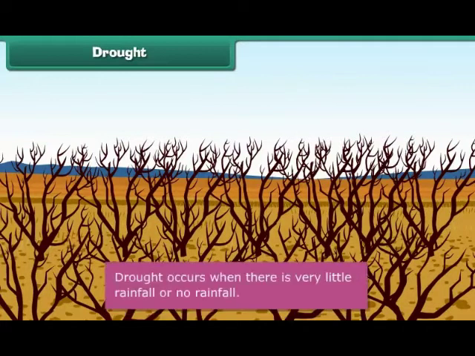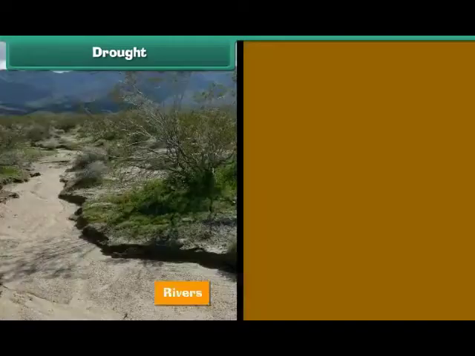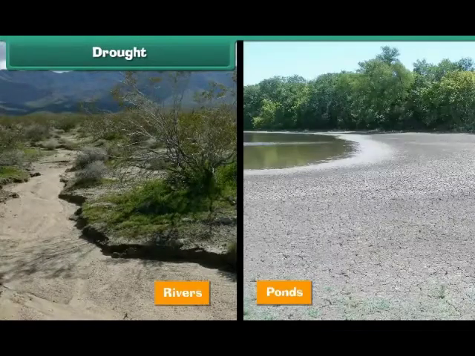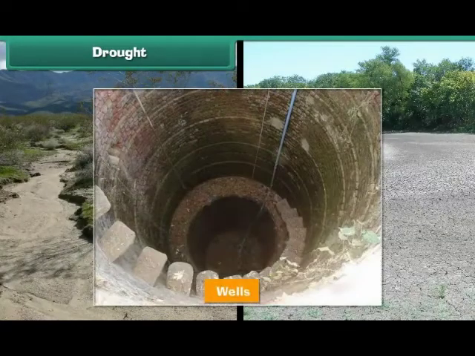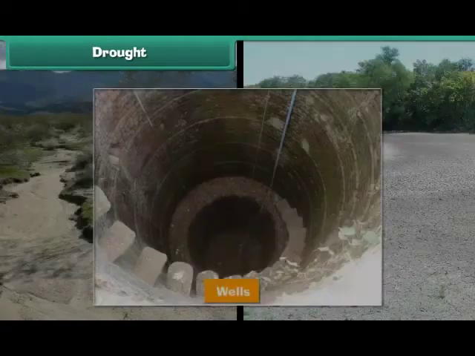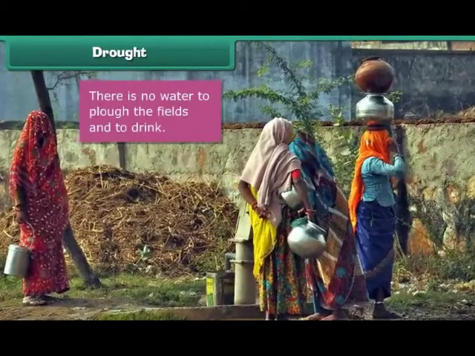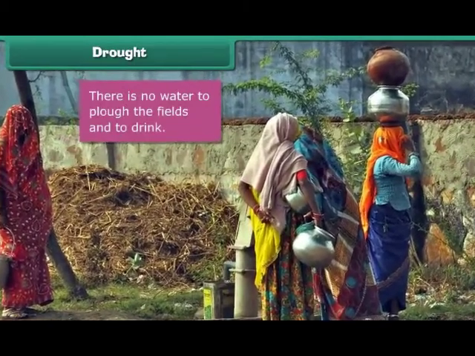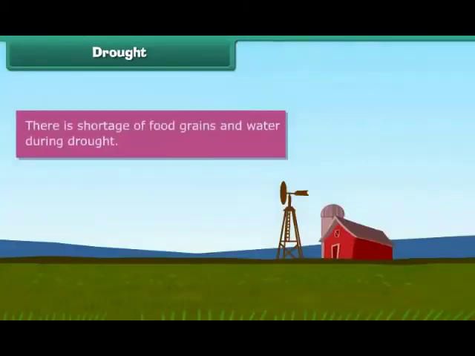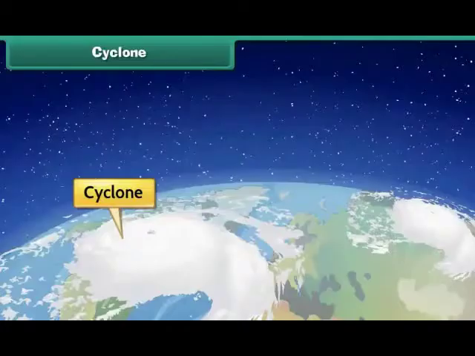So we can say that drought occurs when there is very little rainfall or no rainfall at all. During droughts, the rivers, ponds, wells, and other water resources dry. There is no water to plow the fields, and even drinking water is hardly available. There is shortage of food grains and water.